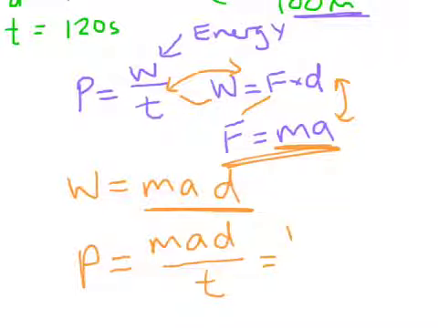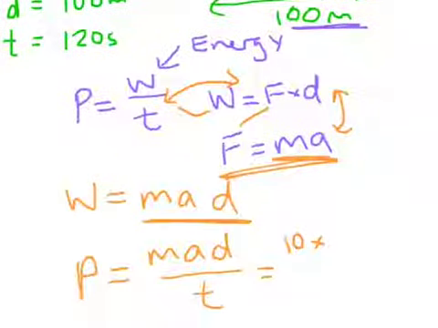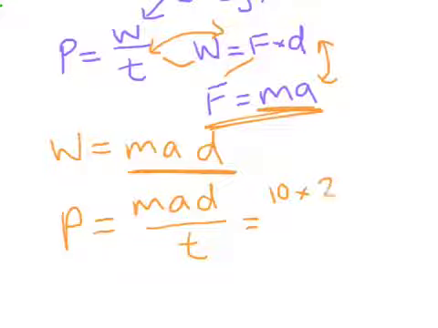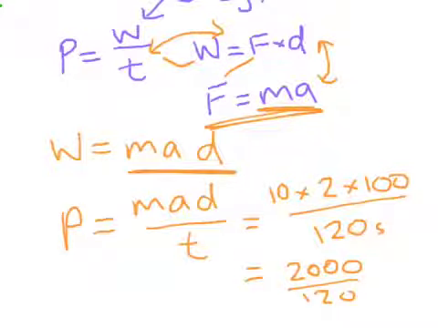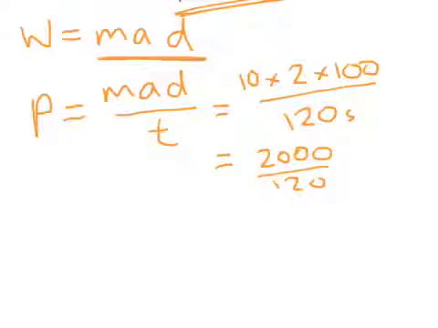The mass was 10 kilograms. The acceleration was, let's double check, yes, 2 meters per second squared. The distance moved through was 100 meters, and the time it took was 120 seconds. So if we plug all of that into a calculator, we have 2000 divided by 120, which equals, that's going to cancel, 200 divided by 12, or 20 divided by 1.2.